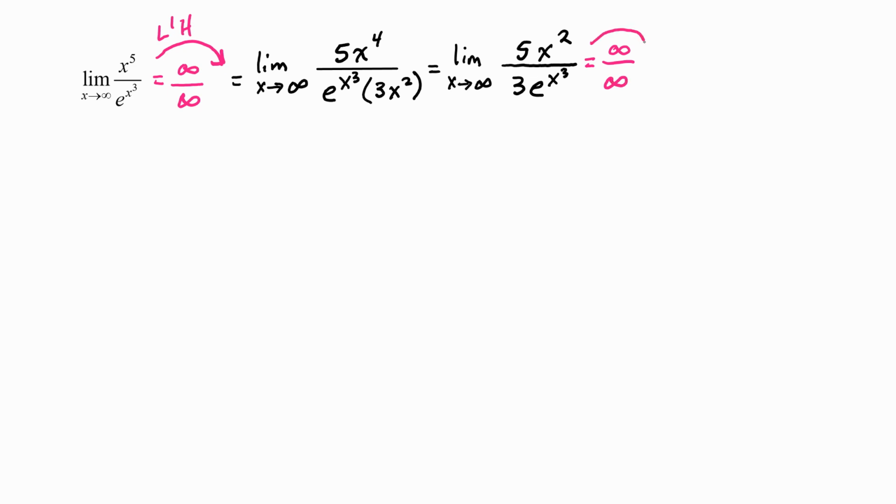So that tells us that once again we can apply L'Hopital's rule, and then this is going to equal the limit as x goes to infinity of the derivative of the numerator, which would be 10x, over the derivative of the denominator, which would be 3e to the x cubed, chain rule, times 3x squared.